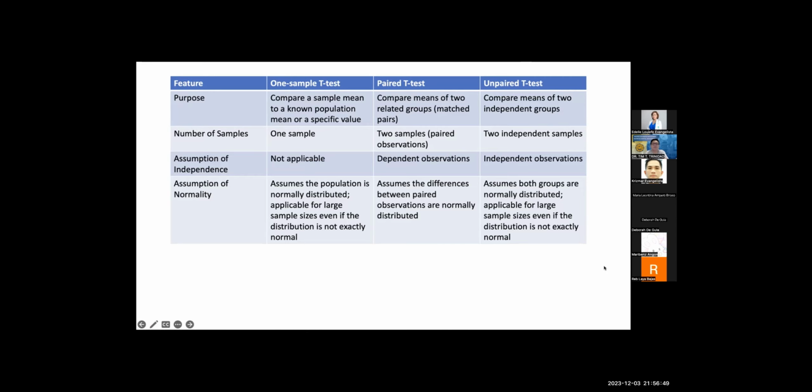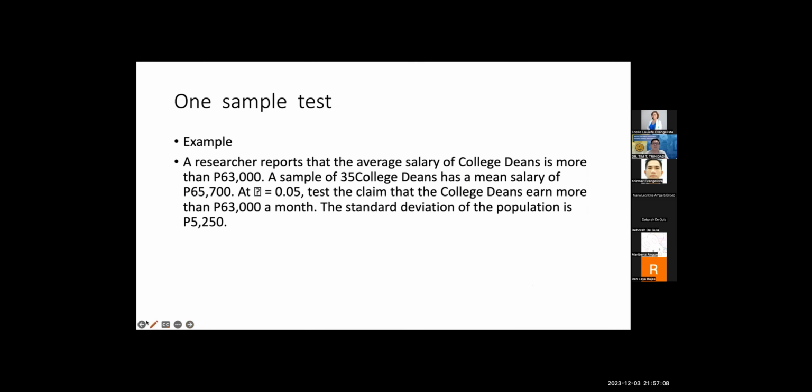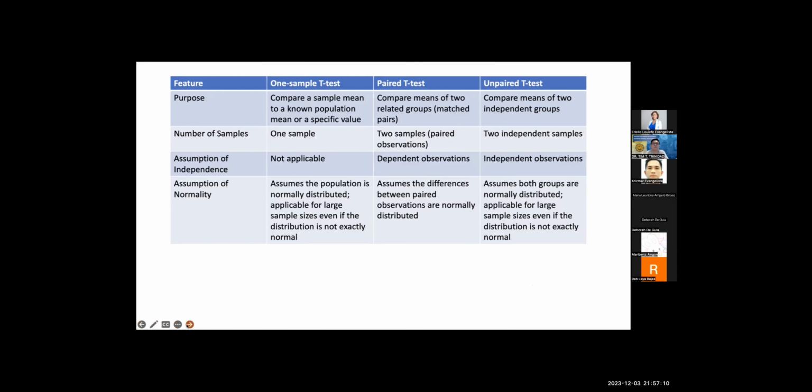So with regards to the assumption of independence, we cannot apply this with the one sample t-test. And with regards to the paired t-test, as mentioned a while ago, each group or samples are dependent on each other, unlike the unpaired or the independent, of which the samples are not related to each other.